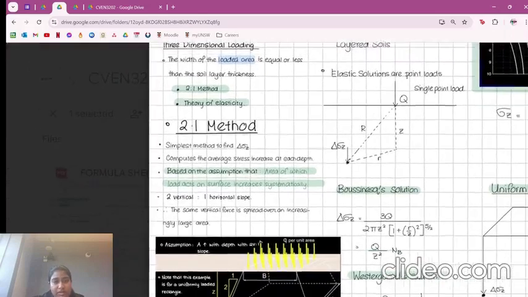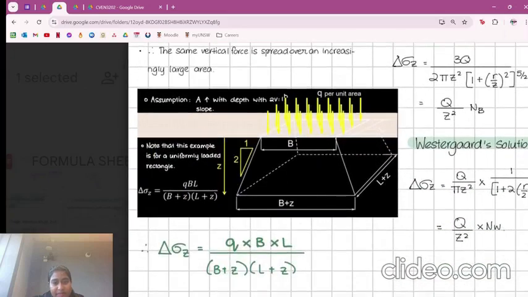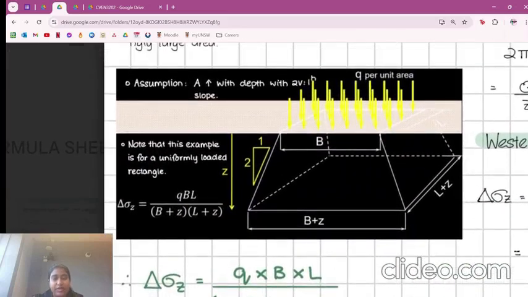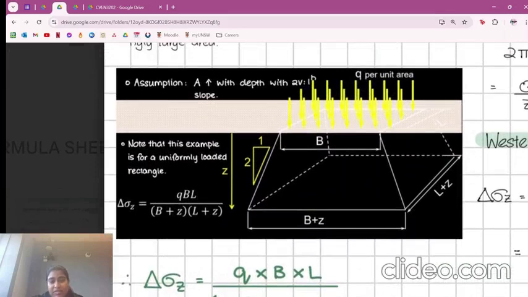So let's very quickly look at this diagram here. This is quite important. I would highly suggest memorizing the different notations, because you're going to see them in your questions a lot. If you imagine the surface of the ground being up here, your Q is the surcharge per unit area. Your B is your breadth. Your L is your length.